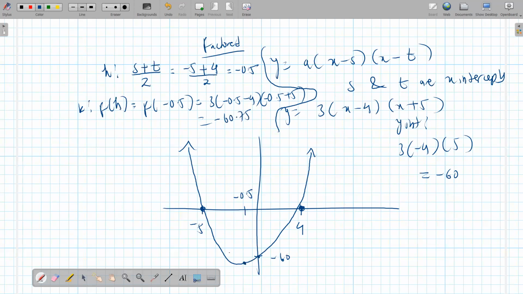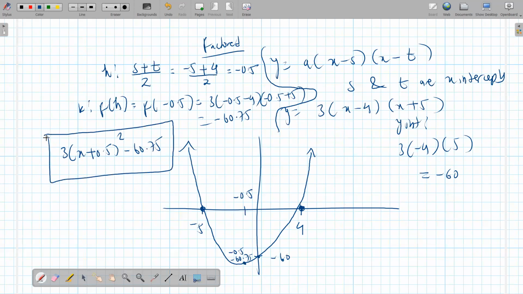That is -0.5 and then -60.75, the vertex. And now once we have these values, we can rewrite this in the vertex form. Again, the a value stays as it is. It's just going to be 3 times x plus 0.5 squared, because you have to flip it, right? This means the h value is -0.5 and the k value is as is. And there we go. We've converted this from factored form to the vertex form.